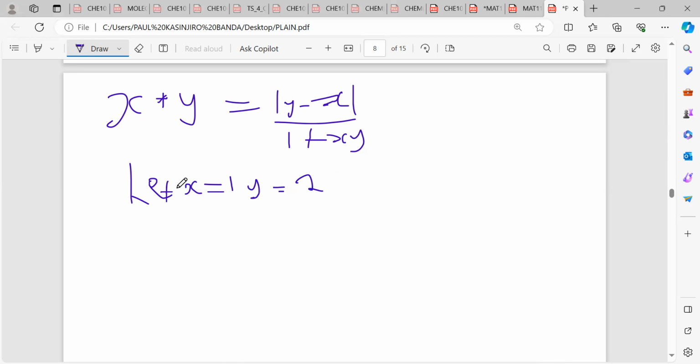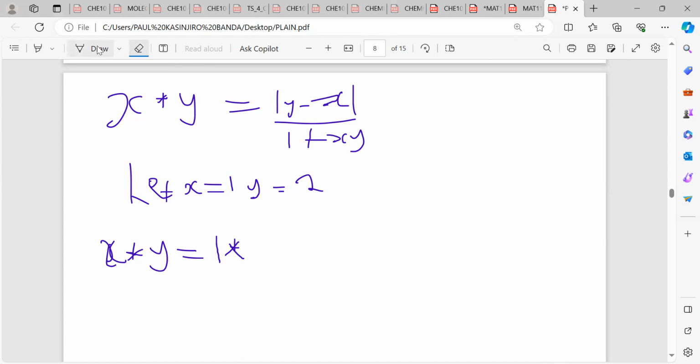Now you have to substitute these numbers into this formula to get x star y. So x star y will be equal to 1, representing the x, star 2, representing the y. Oh, why am I writing y there?